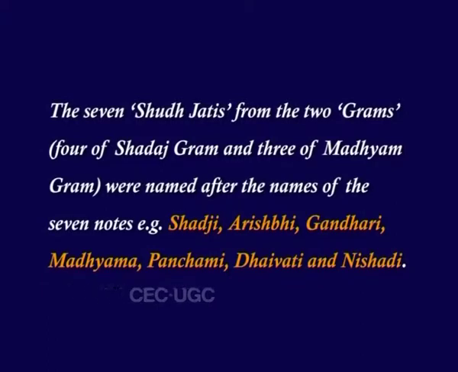Thus, the 7 Shuddha jatis from the 2 grams, 4 of Shadaj gram and 3 of Madhyam gram, were named after the names of the 7 notes. For example, Shadji, Arishbhi, Gandhari, Madhyama, Panchmi, Devati and Nishadi.